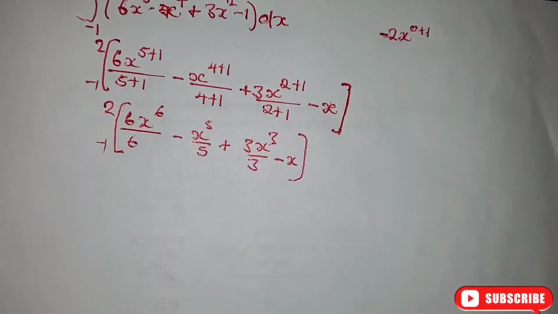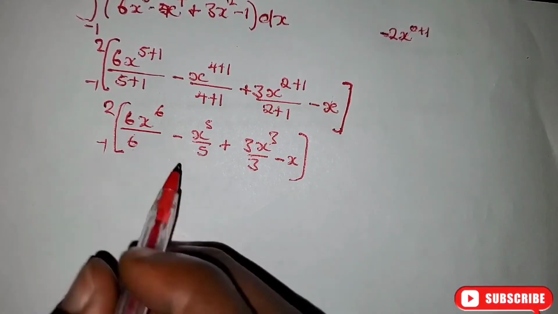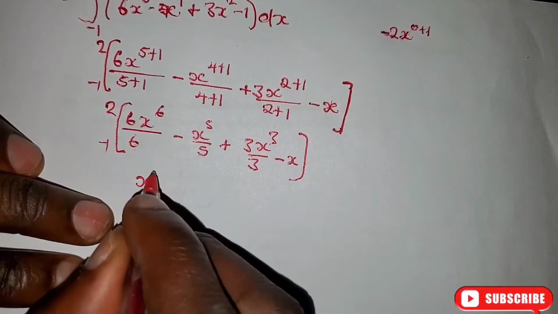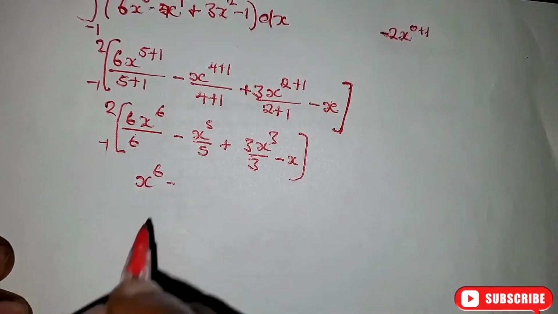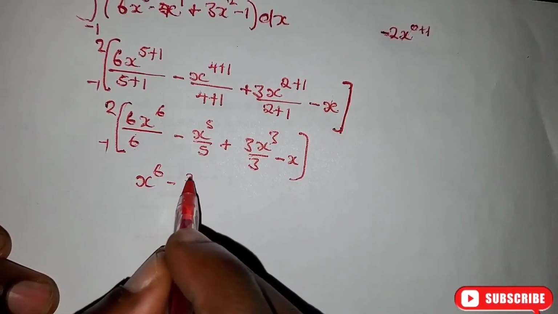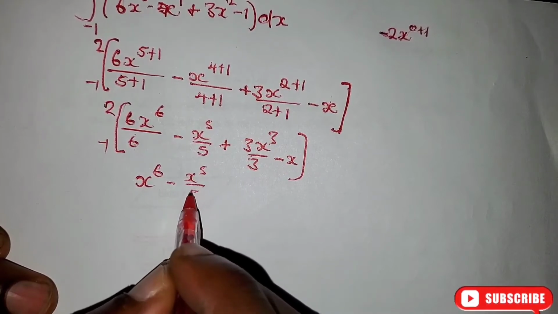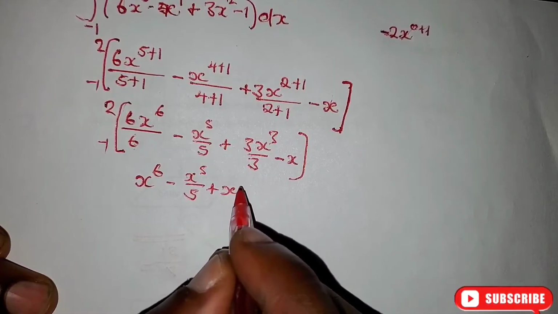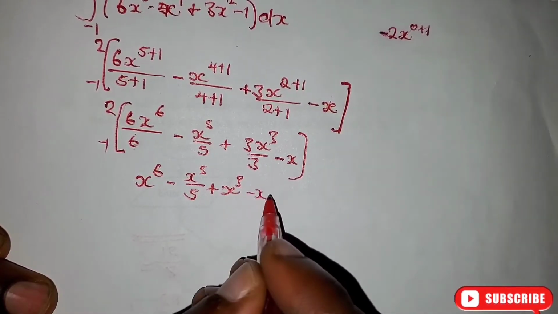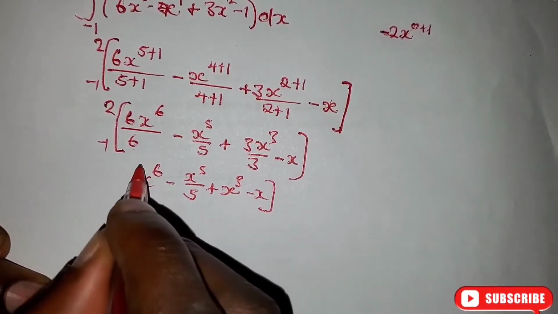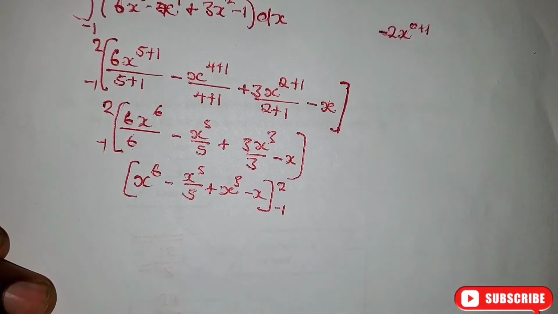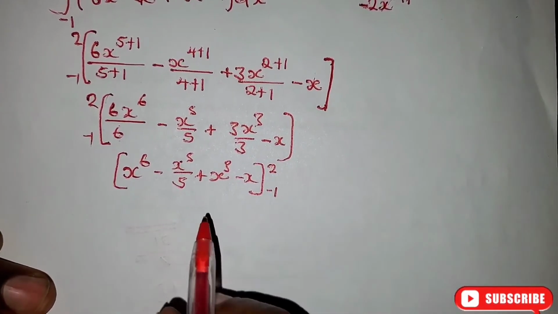Then 6 over 6 reduces to 1, so we just remain with x to the power 6 minus x to the power 5 over 5 plus 3 over 3, which is 1, so we just have x to the power 3 minus x. When you reach this stage, guys, since these are definite integrals, we substitute.